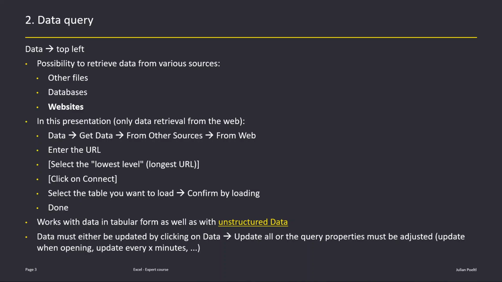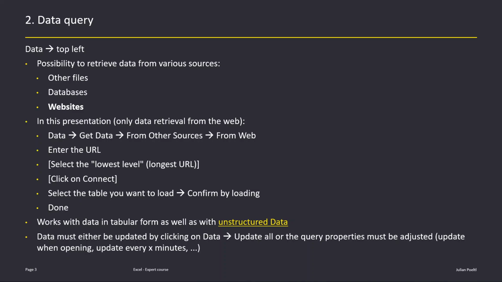In this presentation, we will only do data retrieval from the web. So you need to go under data, then get data from other sources, from web, then enter the URL, then select what I've called the lowest level of the website. Click on connect and select the table you want, and then confirm by loading, and it's done.